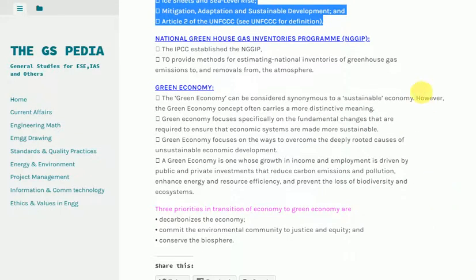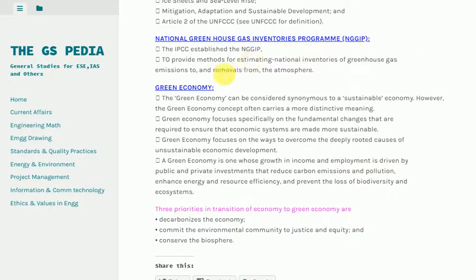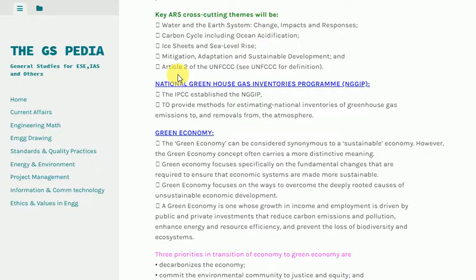National Greenhouse Gas Inventories Program (NGIP). The IPCC established an NGIP to provide methods for estimating national inventories of greenhouse gas emissions and removals from the atmosphere.